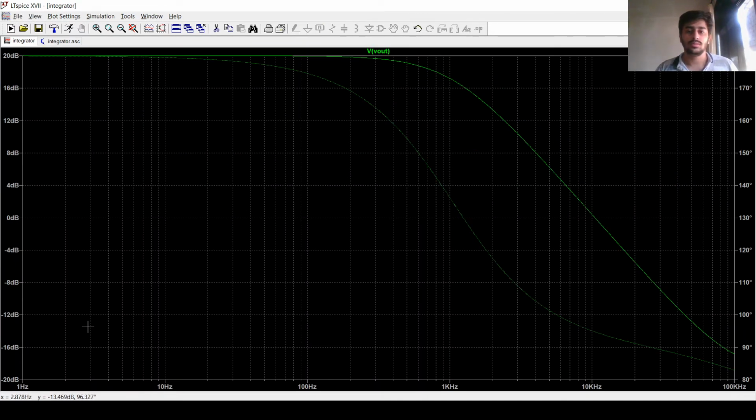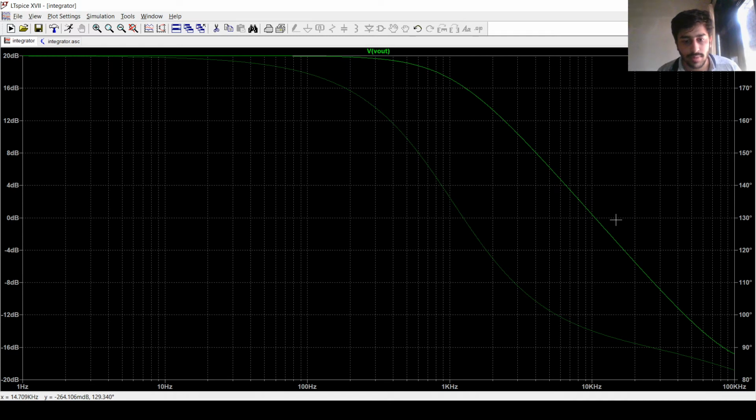So, this is our required frequency response of the practical integrator circuit. You can clearly observe that initially the gain remains constant at 20 dB, and at the break frequency it drops by 3 dB, and at 10 kilohertz it finally becomes 0 dB.